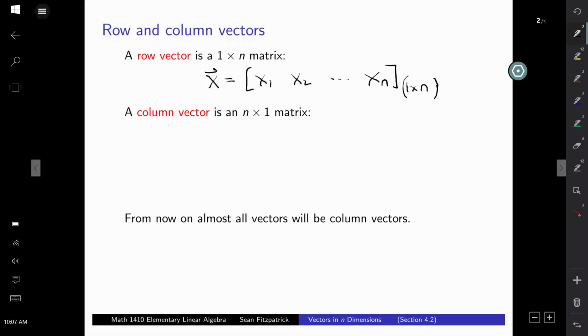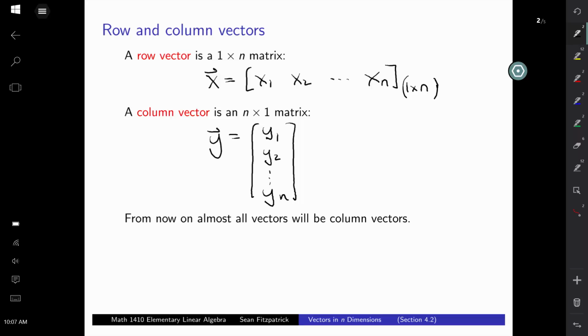One row, n columns. A column vector, maybe we'll call this guy y. You have several rows but only one column, so you have y1, y2, down to ym. Oh, I said n by 1 on the slide, so let's stick with n. Okay. So, of course, you can see that both of these give you the same information, right?